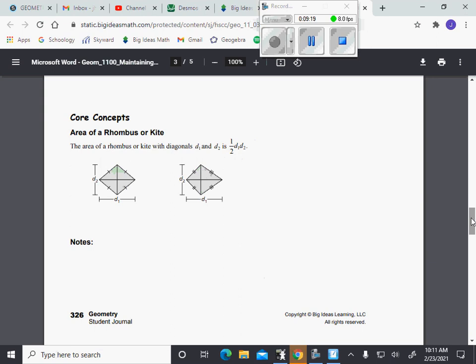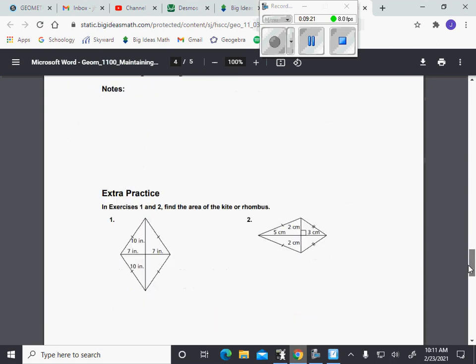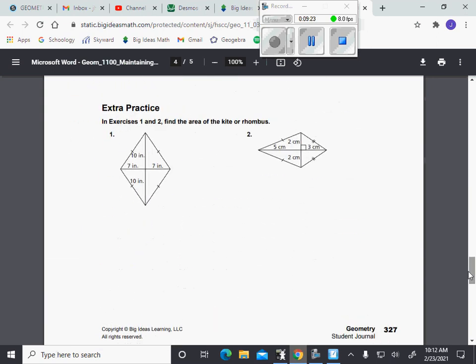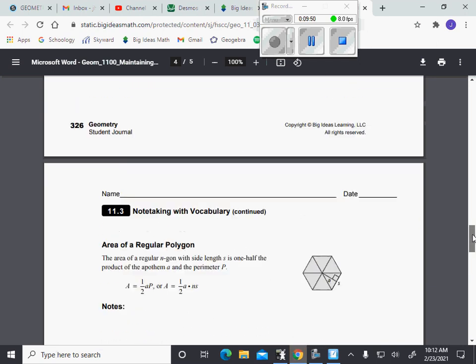I think those are our first example problems. Right here. We want to take this first diagonal, which is 14, and multiply it by the other diagonal, 20. My apologies, let me go back up. What is our formula? We multiply them together.